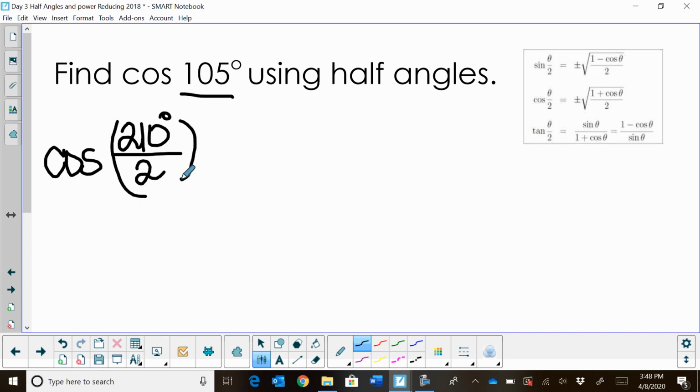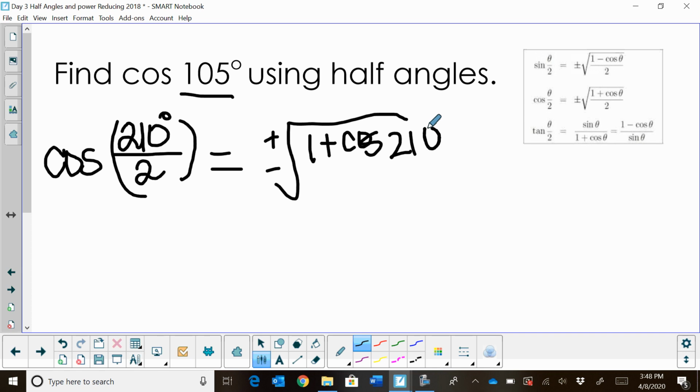Now this is a good one to look at because we can now consider the sign of the value. So I have a positive or a negative square root of 1 plus cosine theta, in this case 210, all over 2.